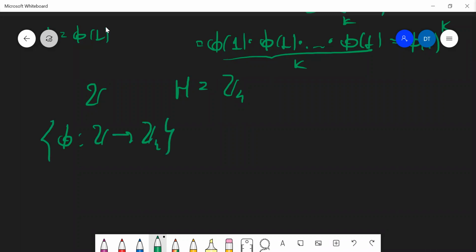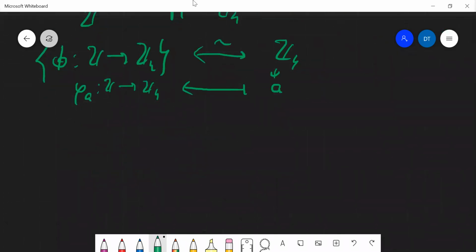What I'm saying is that there is a bijection between Z4 itself and the set of all homomorphisms, and it's given by this rule. If you have an arbitrary element a from Z4, then it uniquely defines some specific homomorphism phi a from Z to Z4. Let me show you how to do this.